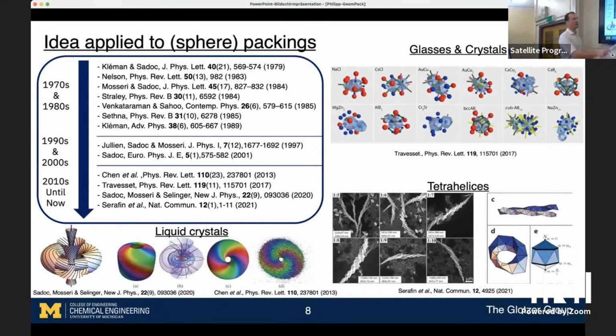But also in these other types, like for example tetrahelices, to understand the formation of these kinds of spirals, or in terms of understanding the local environments of Frank-Kasper phases. This kind of concept has been looked at, but only for sphere systems.